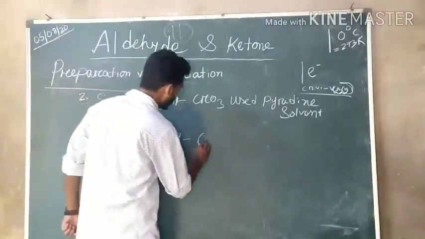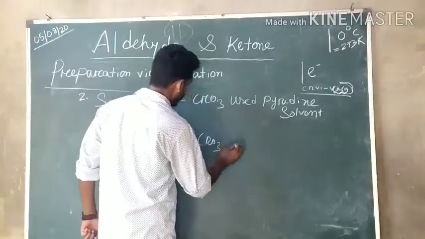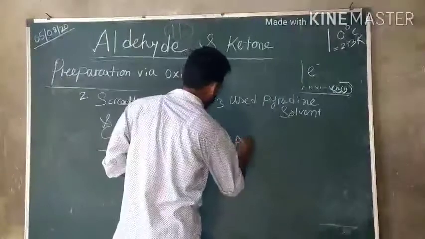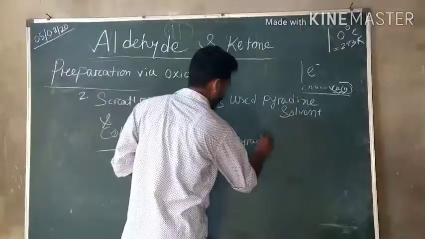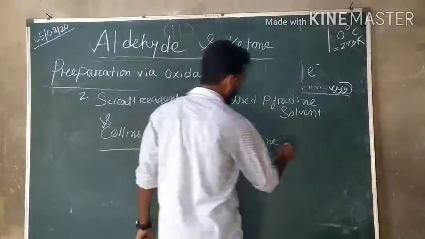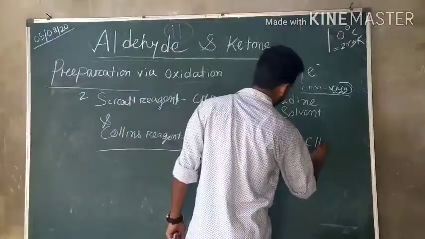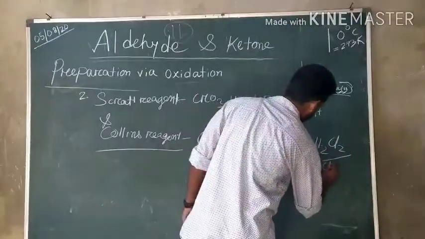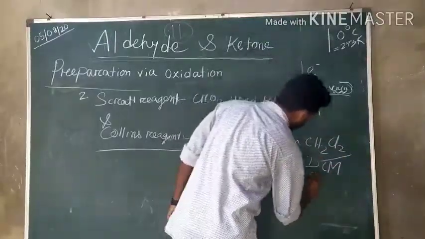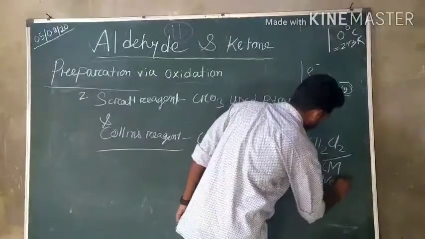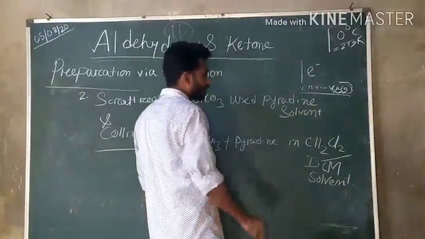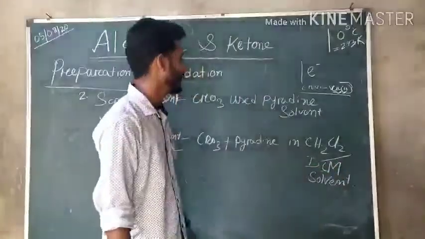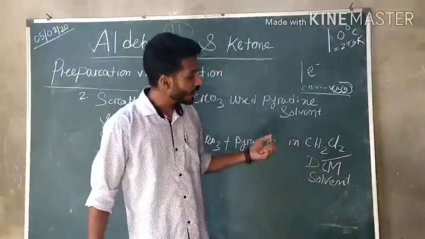Here, chromium trioxide is added to pyridine in DCM as a solvent. The full name of DCM is dichloromethane. But you have to know the IUPAC name also.